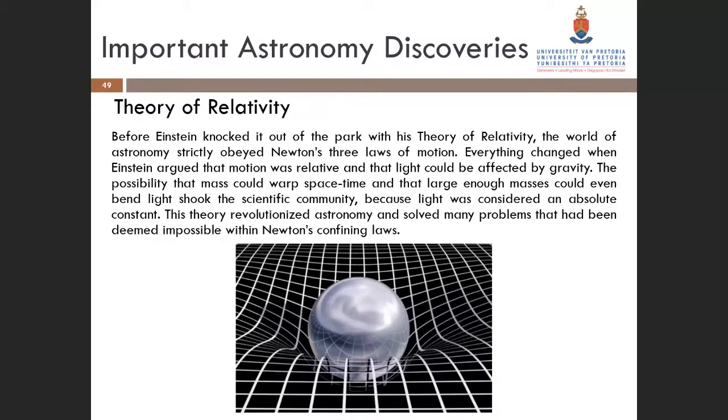The possibility that mass could warp space-time and that large enough masses could even bend light shook the scientific community. Because light was considered an absolute constant, the theory revolutionized astronomy and solved many problems that had been deemed impossible with Newtonian confining laws.